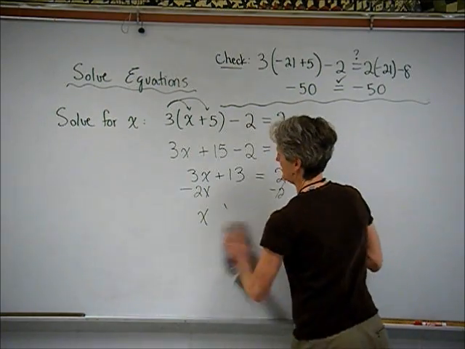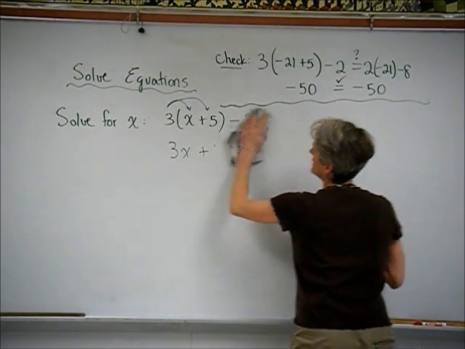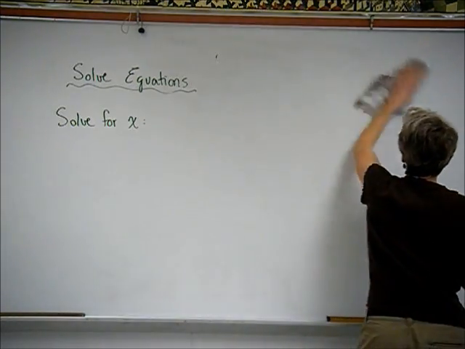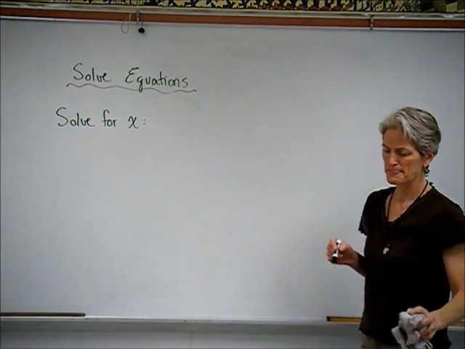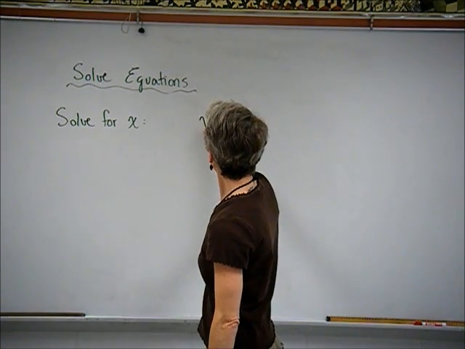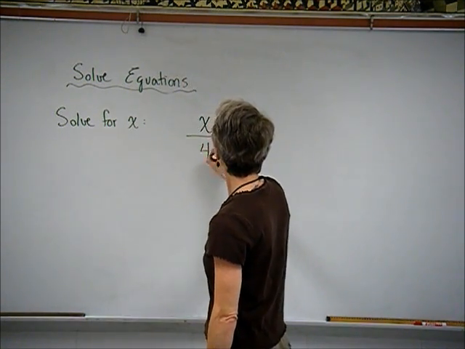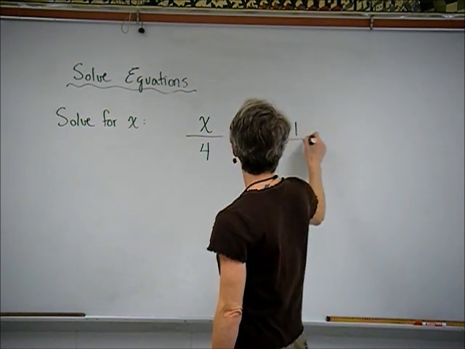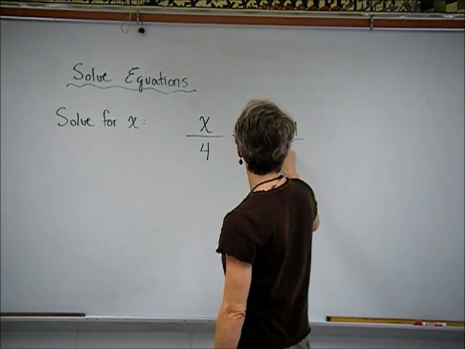Here we go. A proportion. Like if I had x over 4 equals x plus 1 over, let's say, 6.